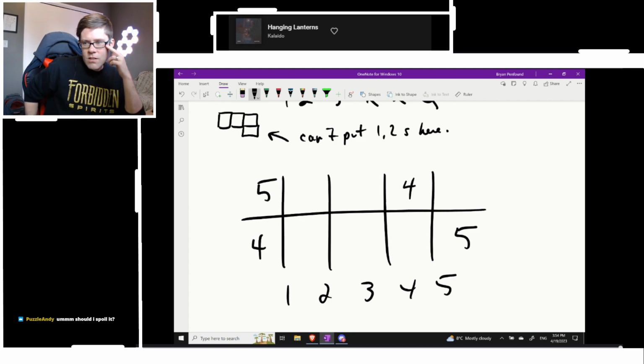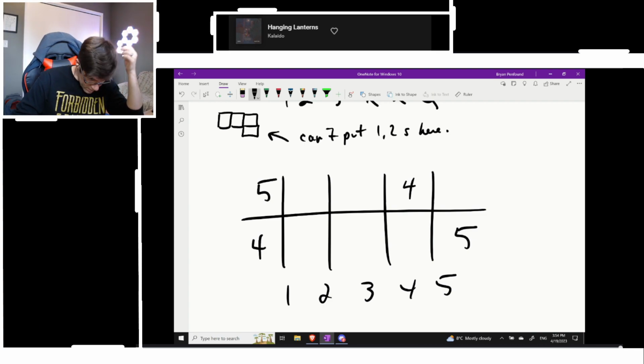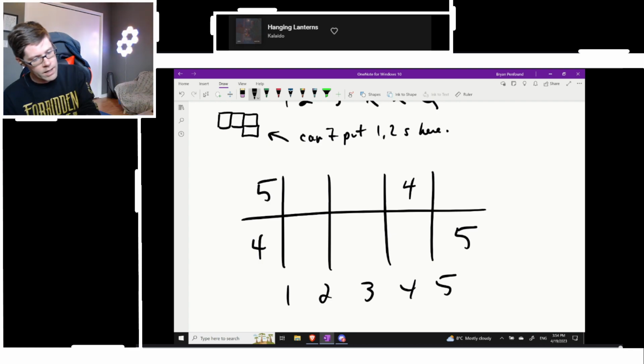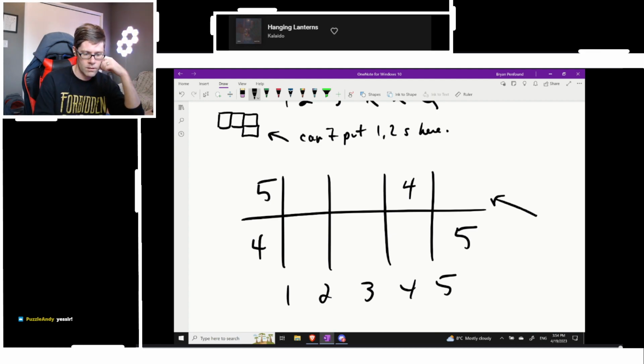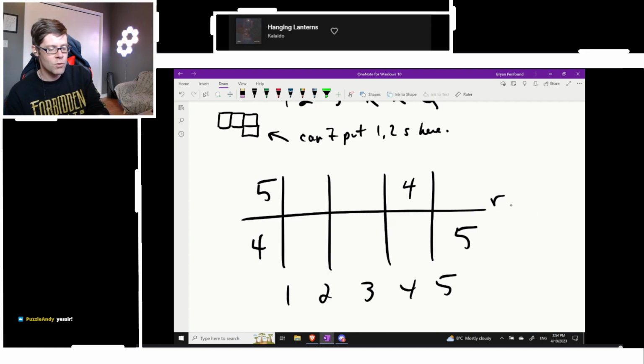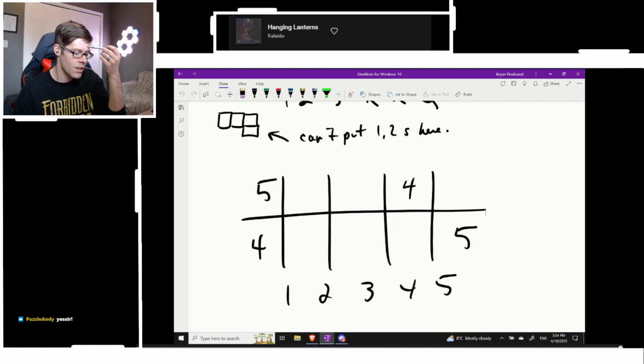Oh, that's so interesting. Your first 2 moves are always fixed, aren't they? And you always get a block here. Yeah, okay, so your first 2 moves are always fixed, and you always get the open block.